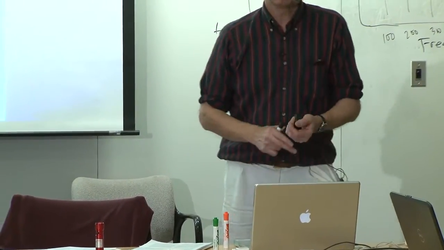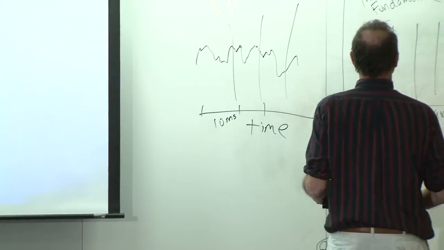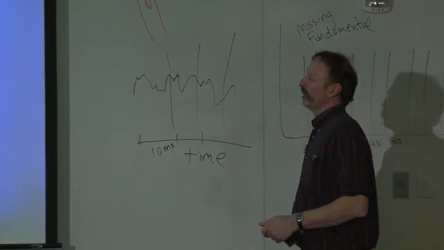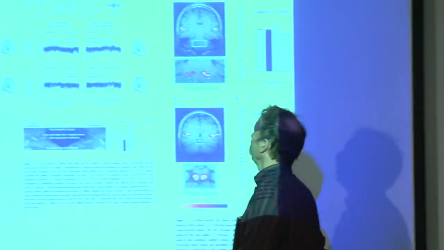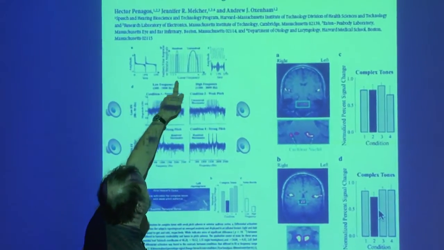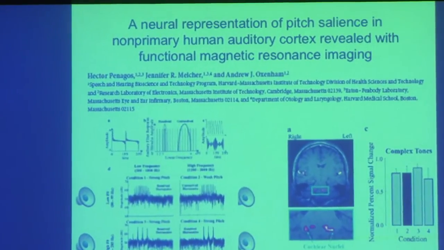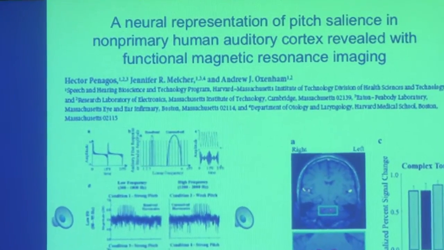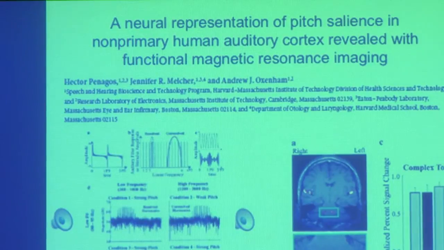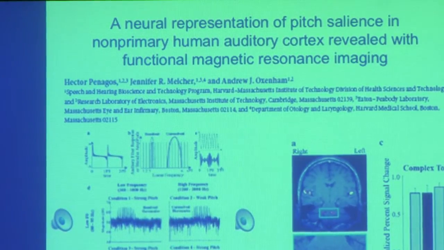Now that is kind of what they did in the paper that we read for today. What they do is they have a complex tone with a whole bunch of harmonics. And they do a clever thing, like they've done on this demonstration. They just select some of the harmonics to present to the observers in the imaging study. Okay?